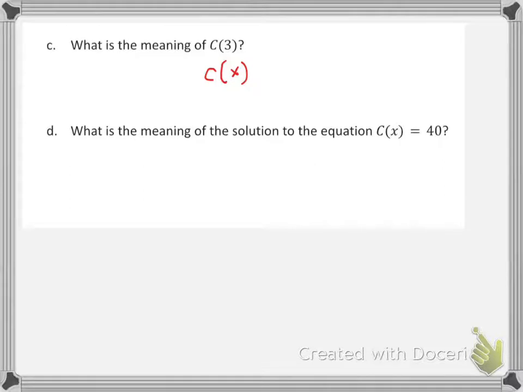And then part D, what's the meaning of the solution to the equation C of x equals 40? Well, that is the number of scarves that can be produced if we spend $40. So if the cost is $40, how many scarves will you make? That's that x value. If the cost, C of x, is $40, how many scarves can we make out of that $40?